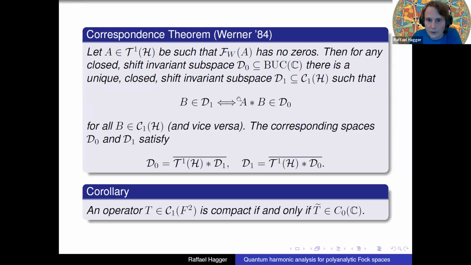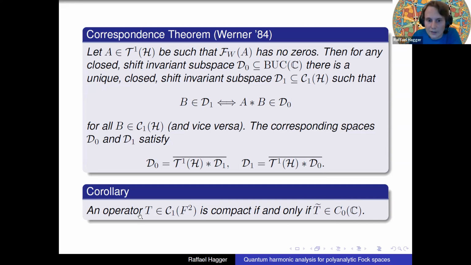So if we take for A this projection operator that I called P index Z, then what this tells you is an operator is in D1, which is now the compact operators, if and only if the Bayesian transform is in D0, where D0 is exactly Z0 in this case.